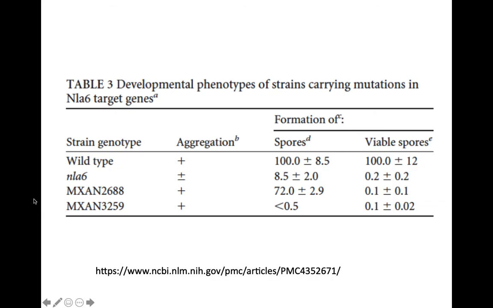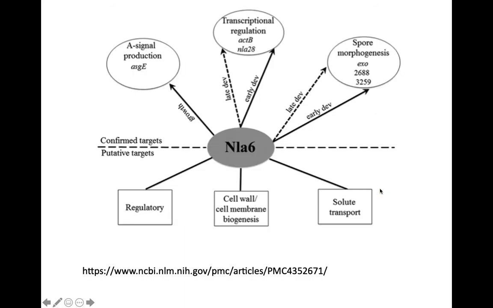So for the strains that have mutations on the target genes but not on the regulatory protein, the same observation was recorded: the viability of the spores decreased. This suggests that indeed this protein, NLA6, as an enhancer binding protein, is a master regulator, not of itself alone, but also of other processes involved in the transition from the vegetative state to a dormant state.